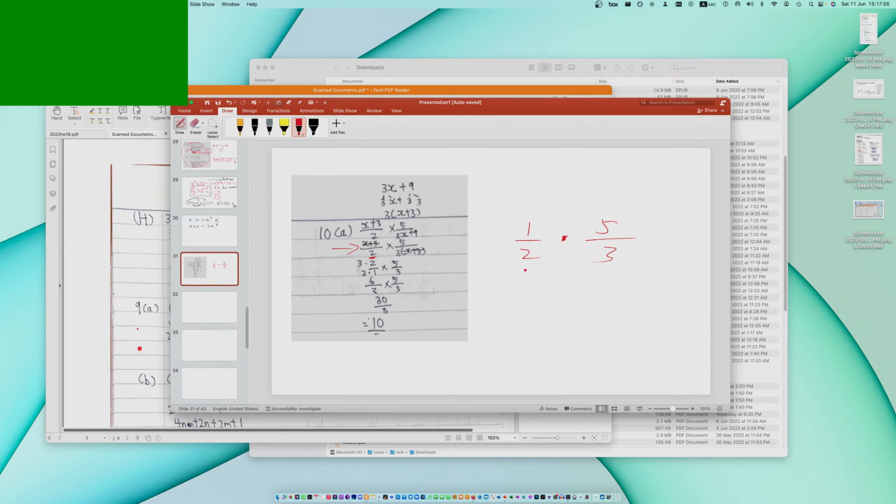Then suddenly how come you flip it? You flip it for what? Because I factorize the 3x plus 9. No, I'm talking about this one. This step to this step. It should be 1 over 2. How come suddenly become 2 over 1? I'm talking about the first one. I'm not talking about the second one.